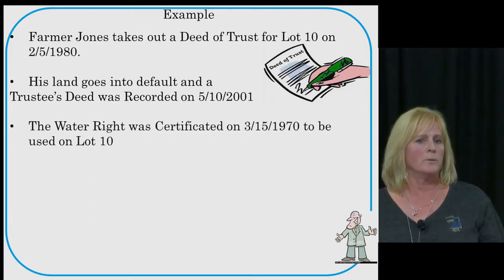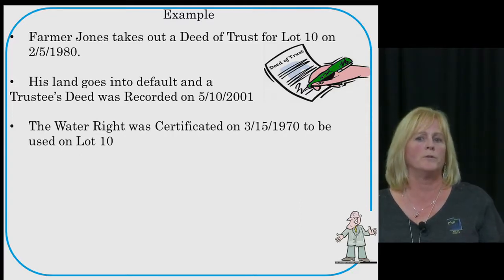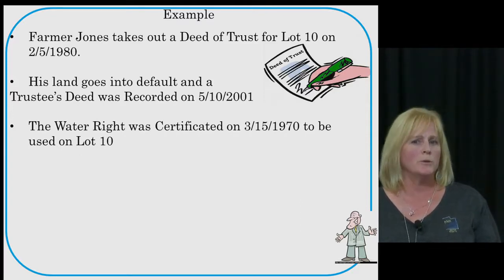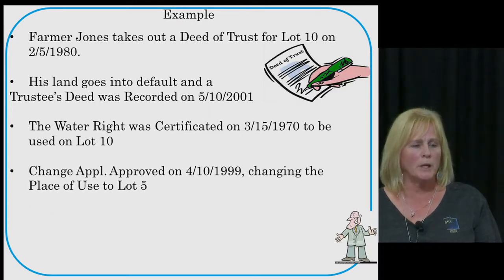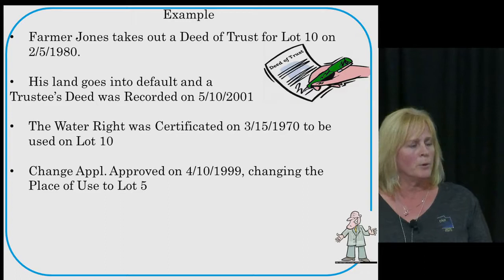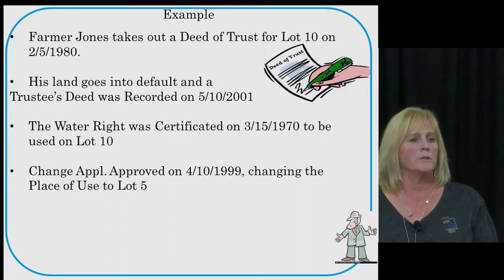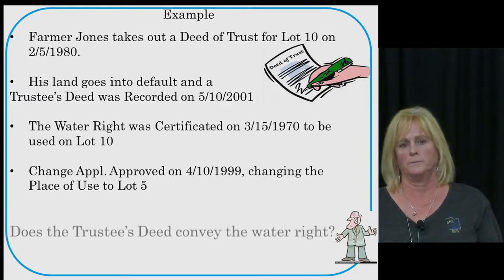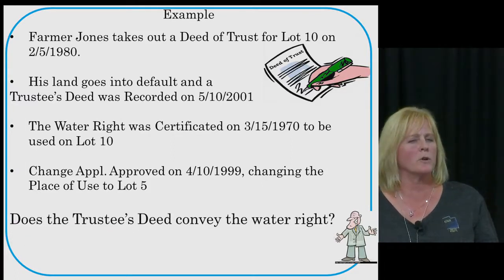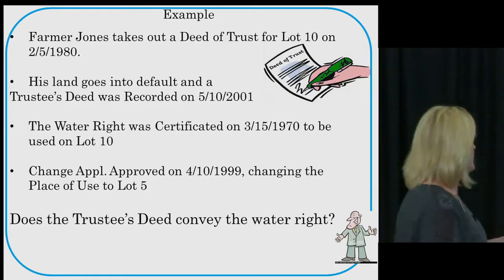The water right was certificated on March 15th, 1970 to be used on Lot 10. However, they did a change application which was approved April 10th, 1999, changing the place of use to Lot 5. So, does the trustee's deed convey the water right?